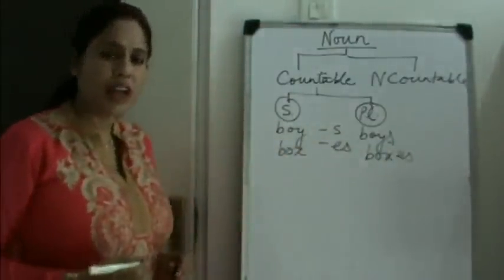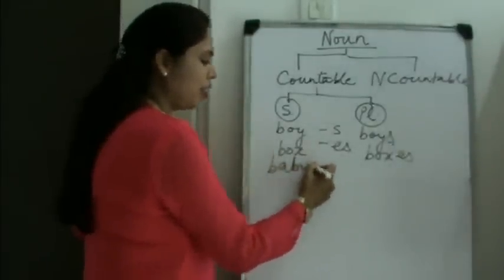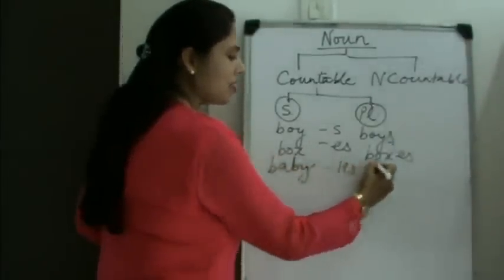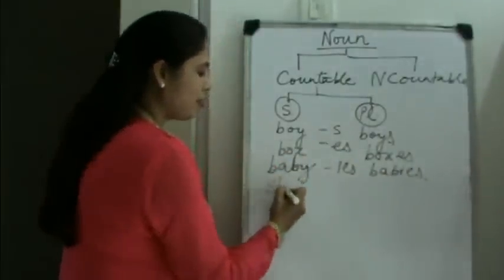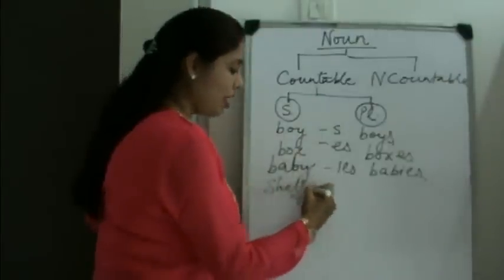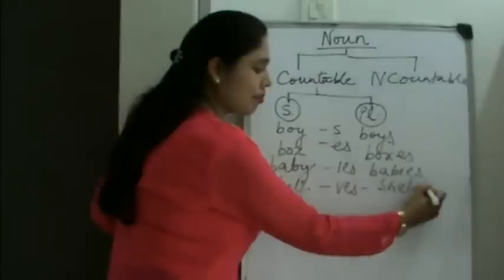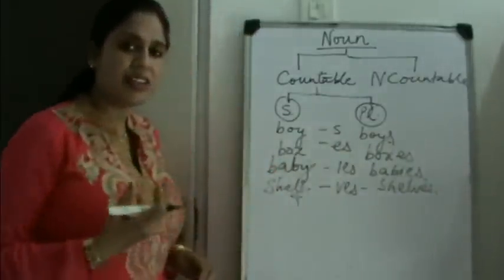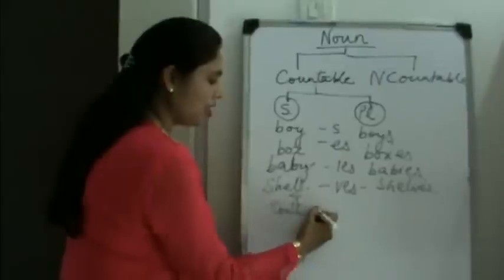If a noun ends in y, I remove the y and add ies. So, baby changes to babies. Shelf, a noun which ends in an f: the f is removed and we add ves. So, shelves. By changing the internal vowel sound, tooth changes to teeth.